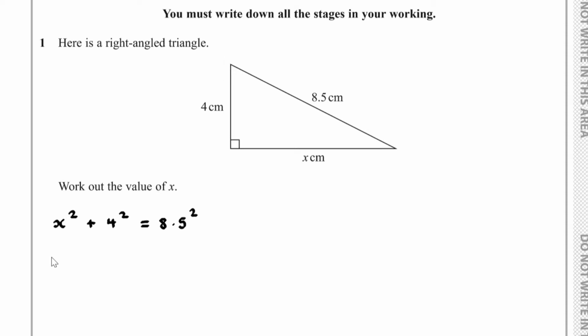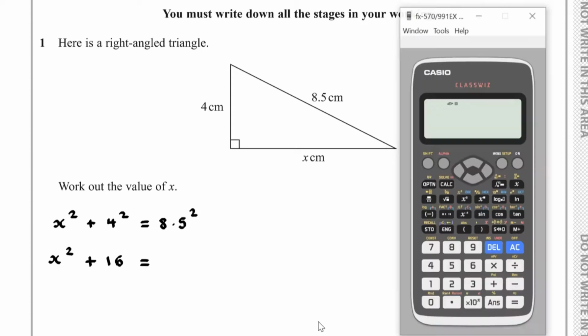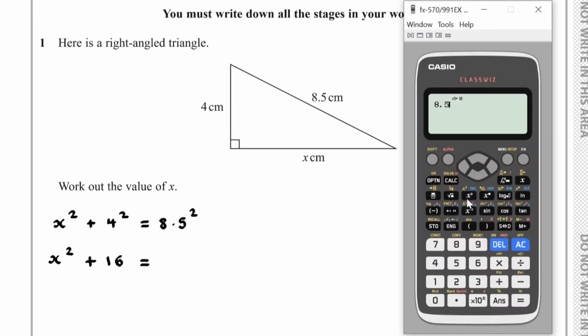And so, we have x squared plus 16 equals 8.5 squared, which is 72.25.